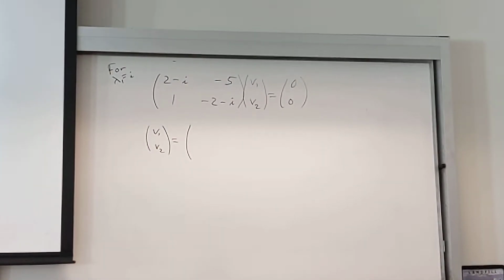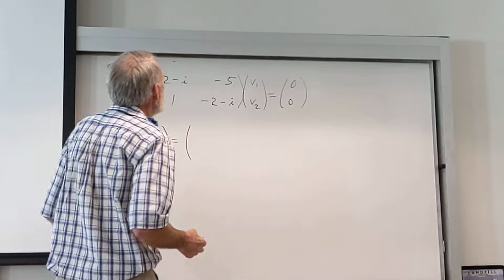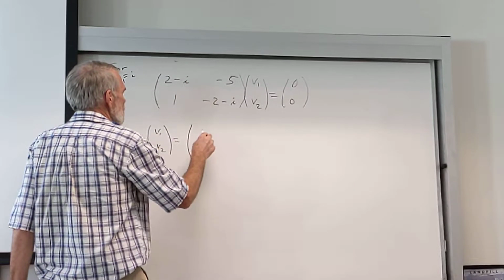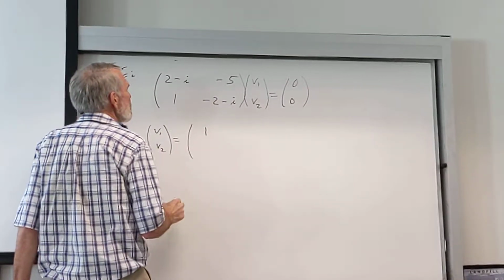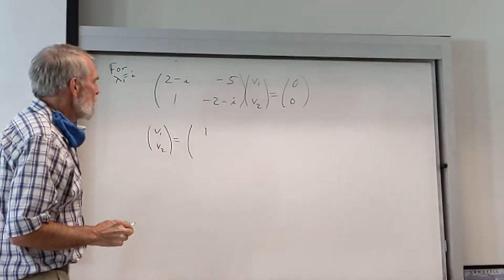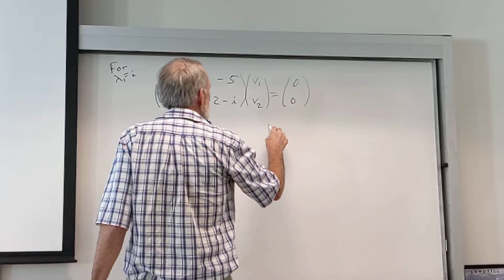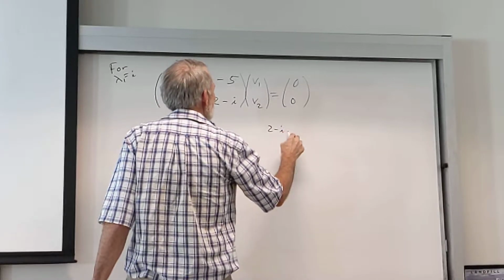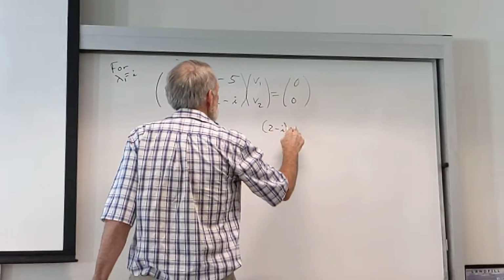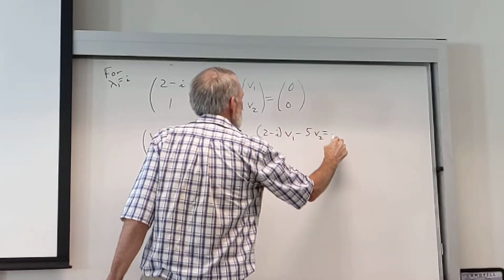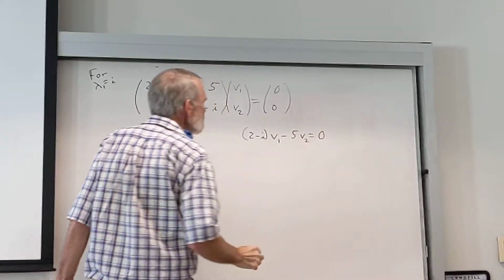Okay, I guess it doesn't matter too much. Suppose in this case we were to take 1 here. Then what would we have? We would have 2 minus i times V1 minus 5 V2 must equal 0.